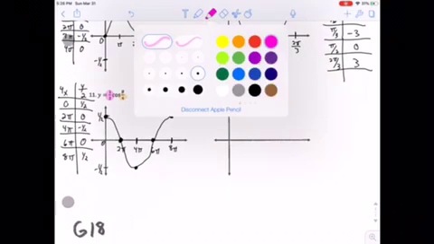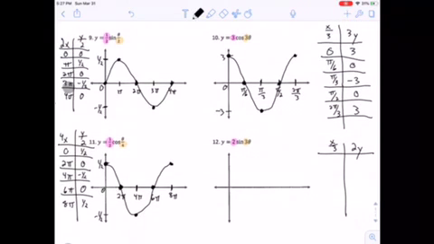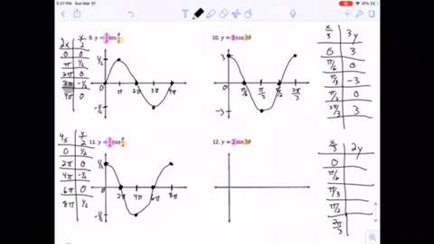So now the last one, we got times 3 here, times 2 here, which changes to, we have the x's divided by 3, and the y's times 2. So at number 10 we did x over 3, so if we just copy those down, 0, pi over 6, pi over 3, pi over 2, and 2 pi over 3, we're set.